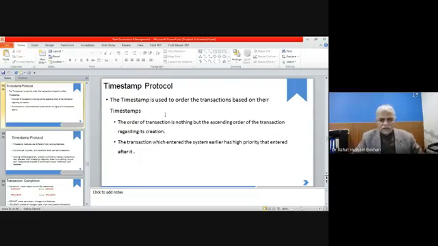Say I entered a transaction, another person also entered a transaction, and a third person also entered a transaction, and if they are timestamped properly, then the first person has the first priority, the second person the second priority, and the third the third priority, in order to execute your transactions.